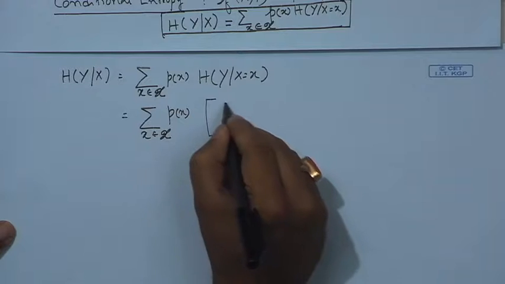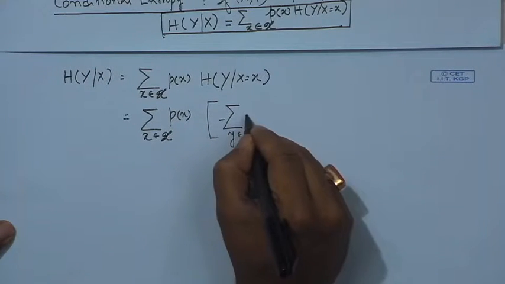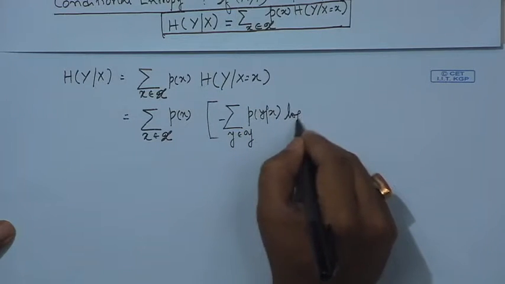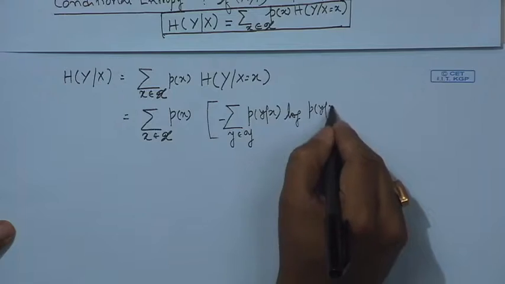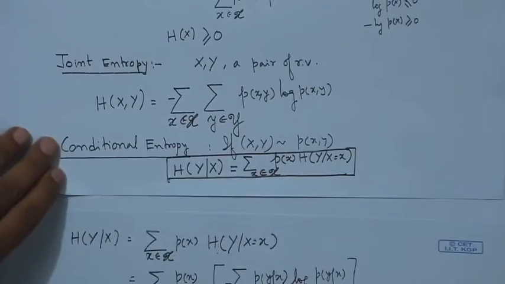We could open it up saying it is the sum over y element of capital Y of minus p(y given x) log p(y given x). This is straightforward given the definition of entropy above.